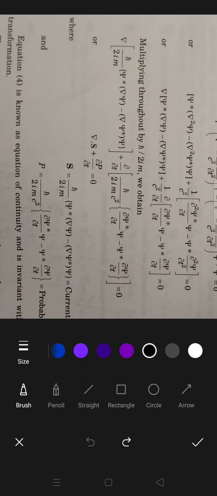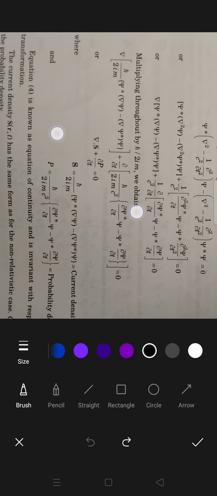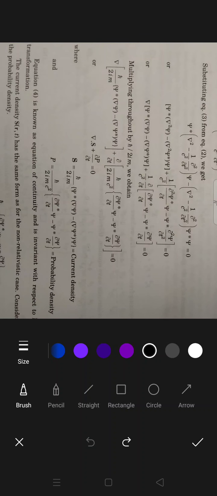Now multiply throughout by h cross divided by 2 i m. We obtain del of this inner bracket, which is equal to S, and this inner bracket will be equal to rho.